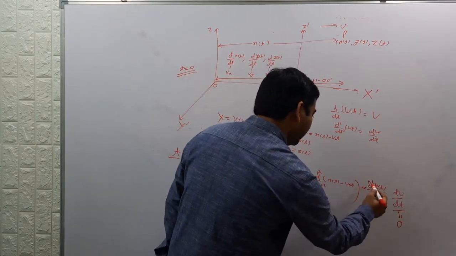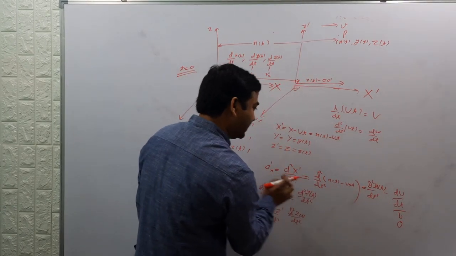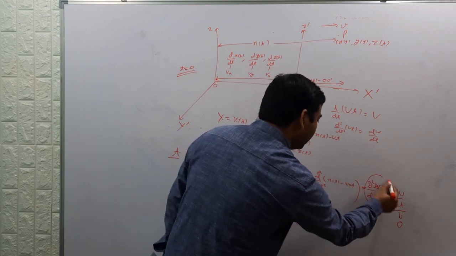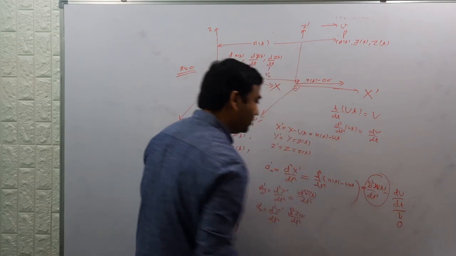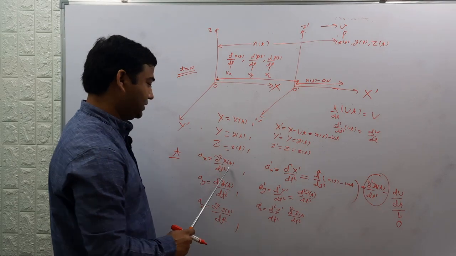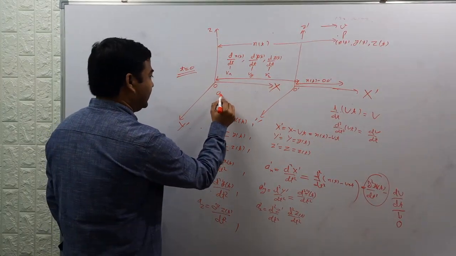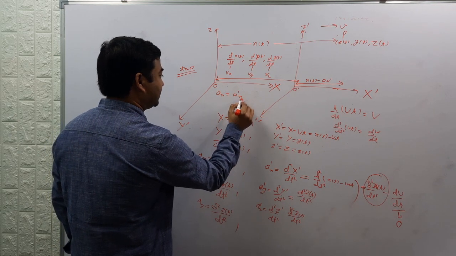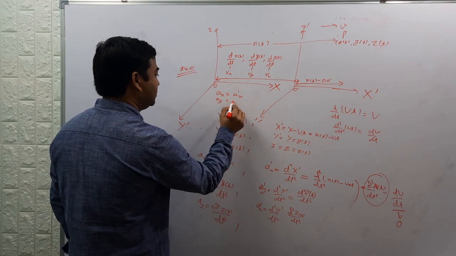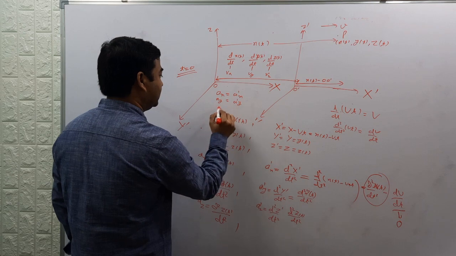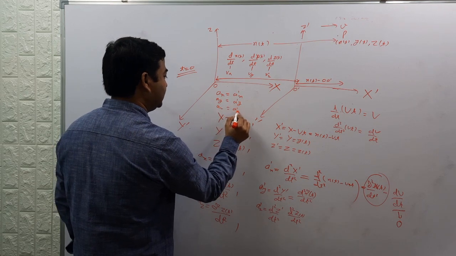So acceleration in x direction will be only d2x over dt square, which is equal to this acceleration. So we can say that ax is equal to a dash x, ay is equal to a dash y, and az is equal to a dash z.